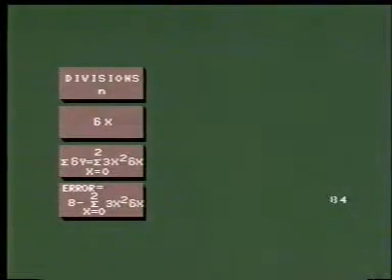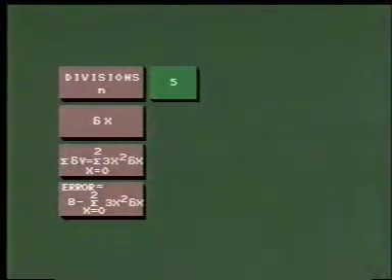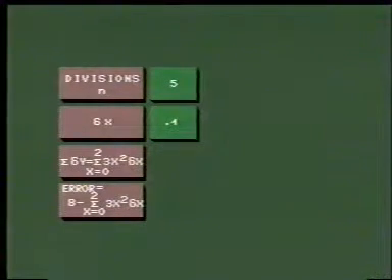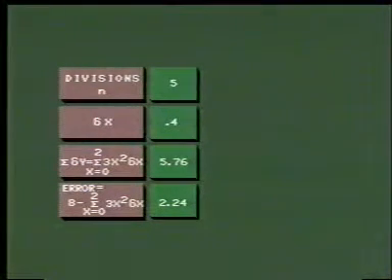The summary is given in the table. When number of divisions n is equal to 5, the value of delta x is equal to 0.4, and the value of sigma 3x square delta x is equal to 5.76, and the corresponding error is 2.24.